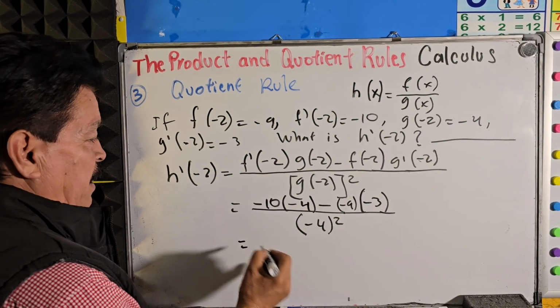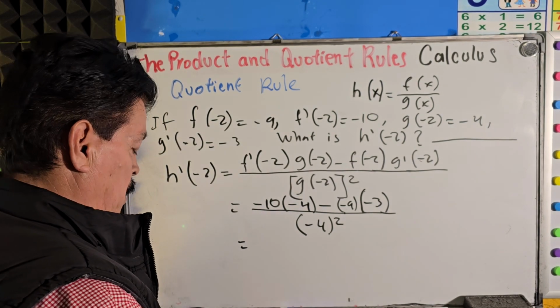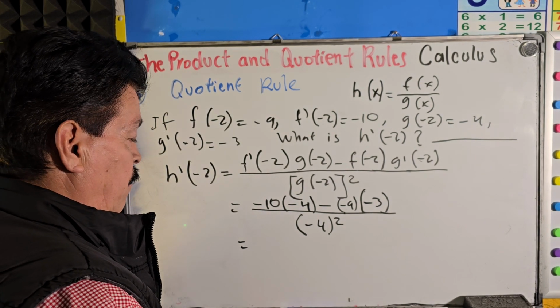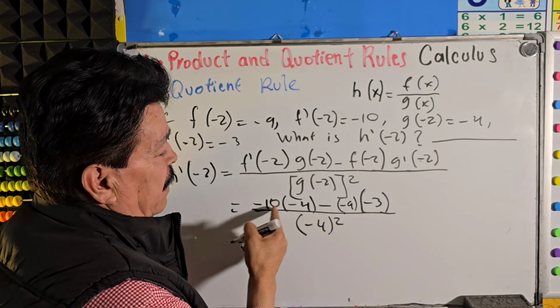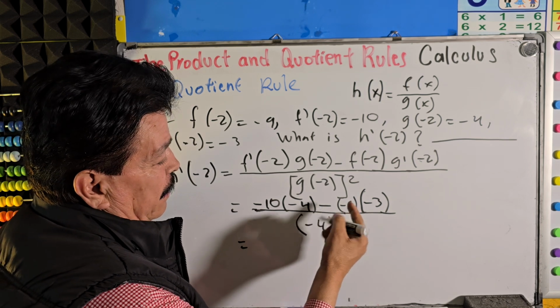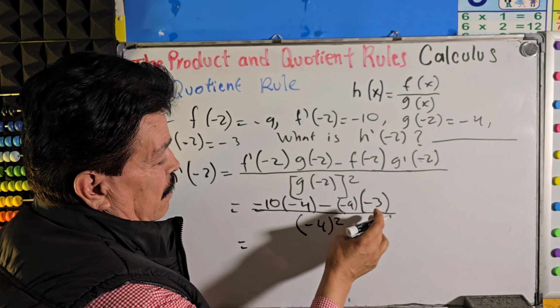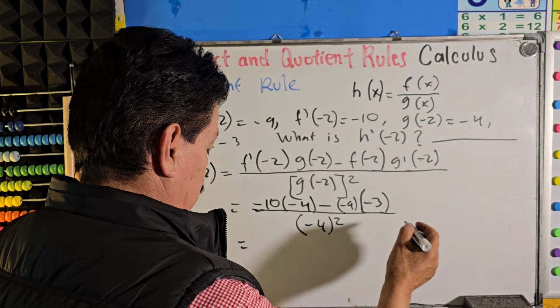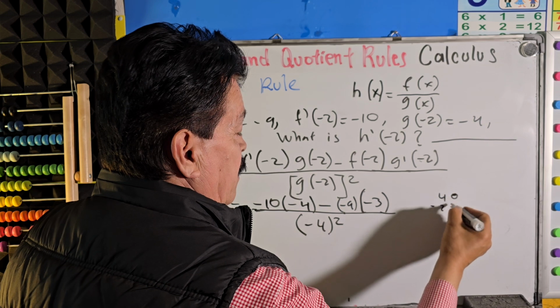So if we simplify this, we will have 40 right here. This time negative times negative is a positive. So we have 40, and then here minus 27. 40 minus 27.